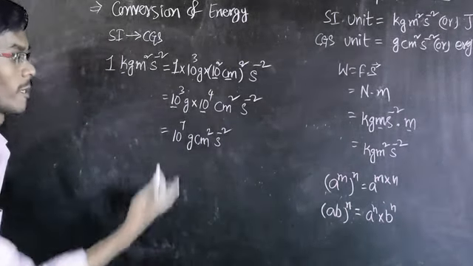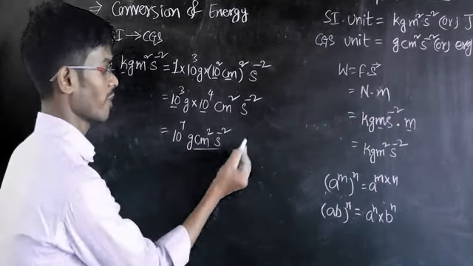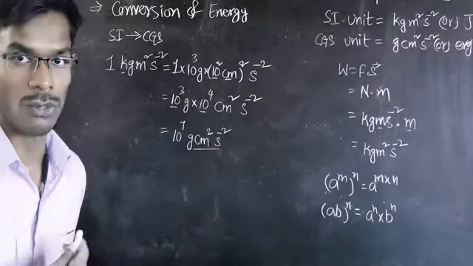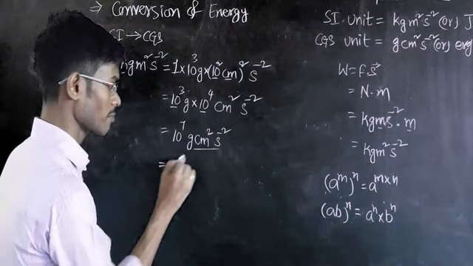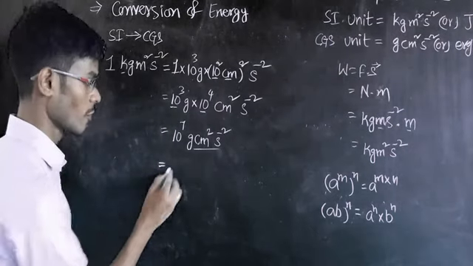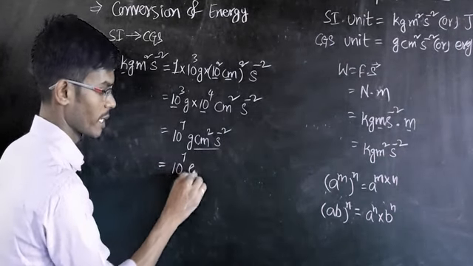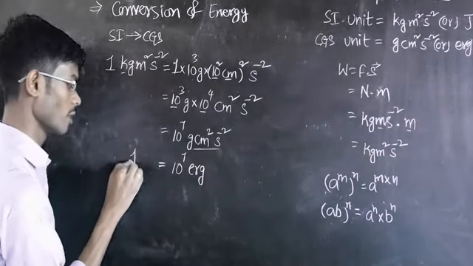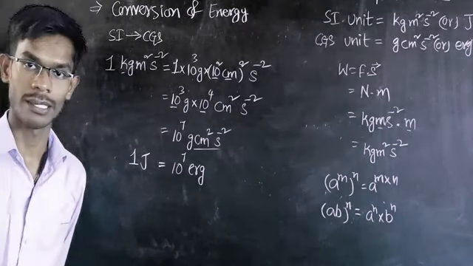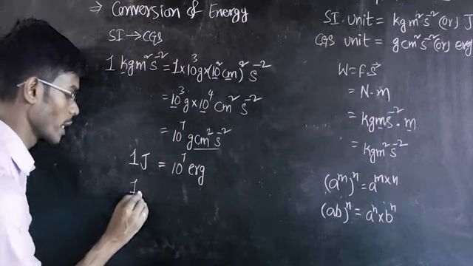If you observe this, now we have it in the form of CGS unit, gram centimeter square s power minus 2. Then gram centimeter square s power minus 2 can be represented as what? Erg. So 10 to the power of 7 erg. 1 joule is equal to 10 to the power of 7 erg. Then 1 erg is equal to what?